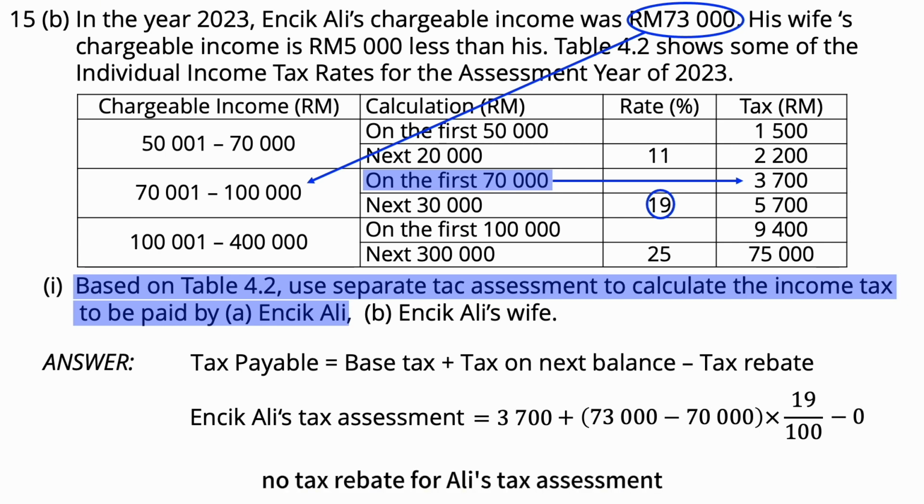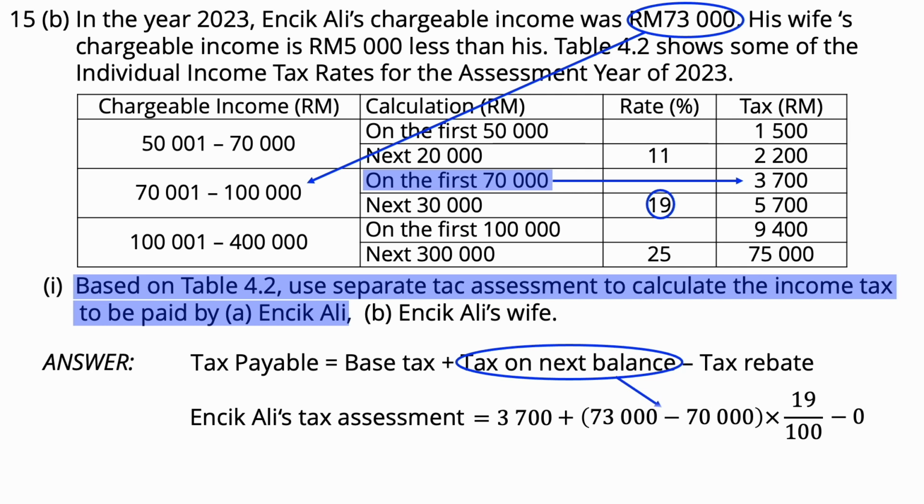No tax rebate for Ali's tax assessment. Base tax, tax on next balance, and tax rebate. The calculated result is 4,270. Therefore, the income tax to be paid by Ali is 4,270 ringgit Malaysia.